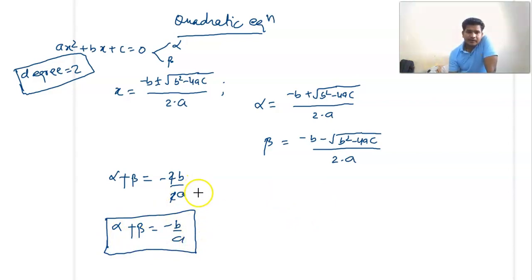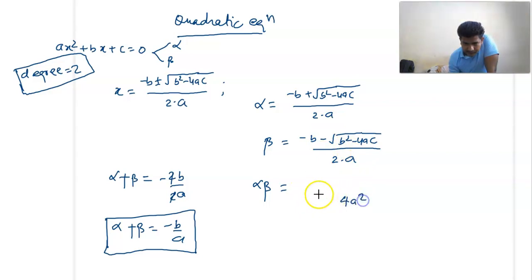So that is the relation between the solutions of the quadratic equation. And we want to find out the value of alpha into beta. Here we will take the product of these two. So the product of these two means 2a into 2a, that will make 4a square in the denominator, and minus b plus under root b square minus 4ac and minus b minus under root b square minus 4ac is making the formula of a plus b into a minus b.